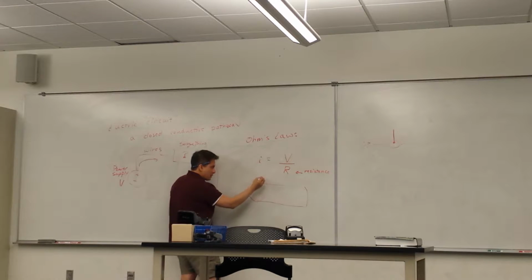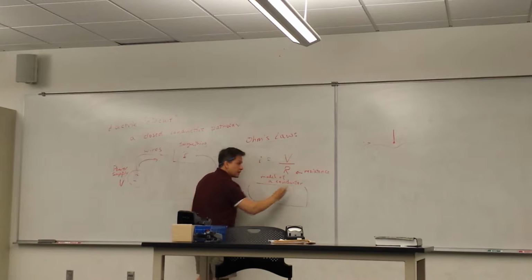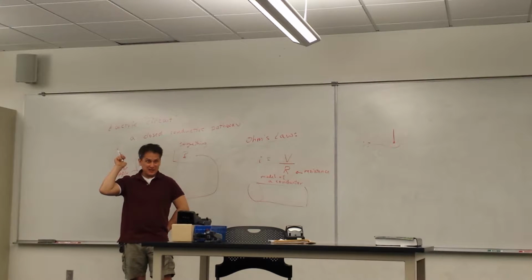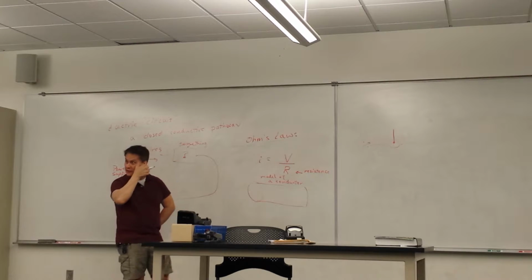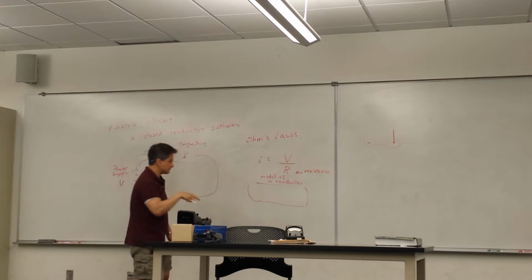If we looked at a model conductor, and by the way, whether it's a good conductor or a bad conductor, we're always talking about conductors. If the charge can't physically flow, then it's not of much use in producing an electric circuit. Unless, of course, we're charging the capacitor. You still have to have charge movement.